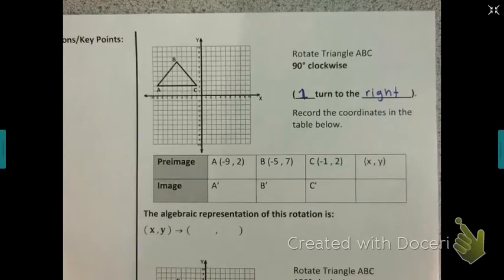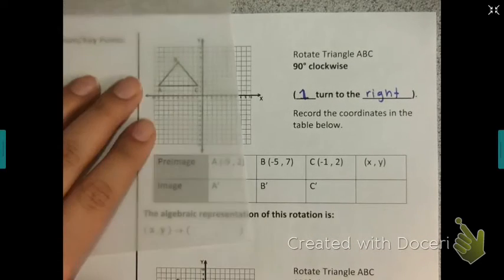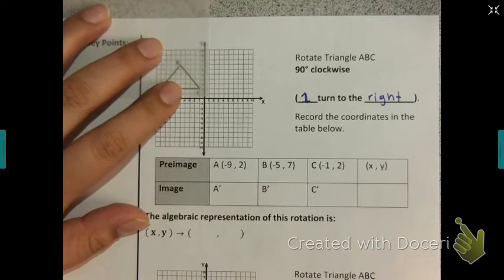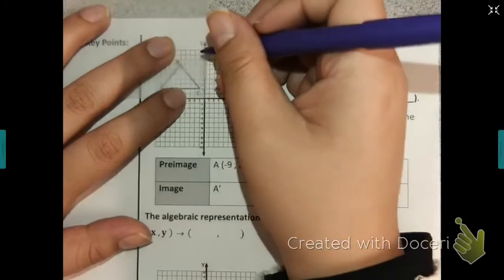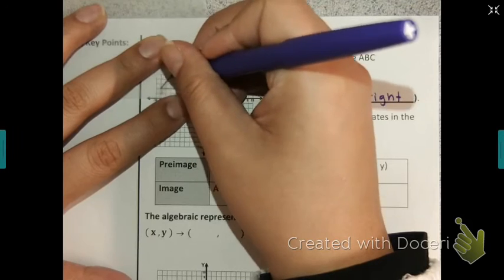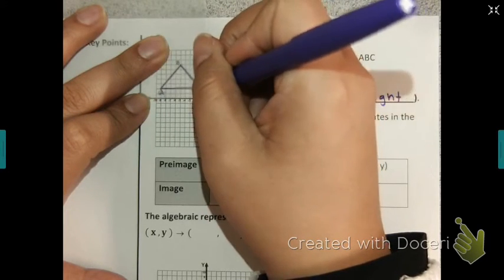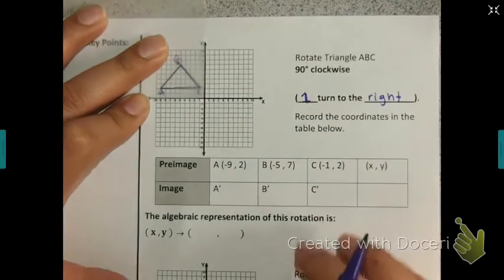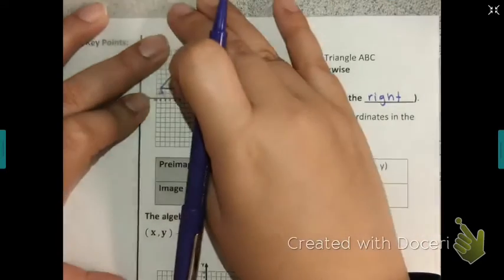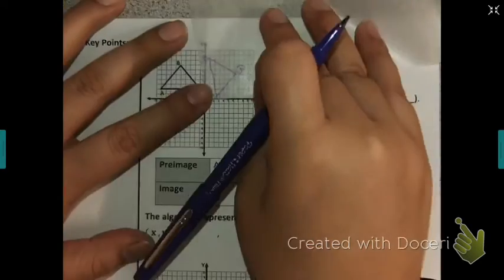If you have some patty paper or parchment paper laying around, you can trace your ABC triangle, and we're turning it clockwise 1 time, just like that.